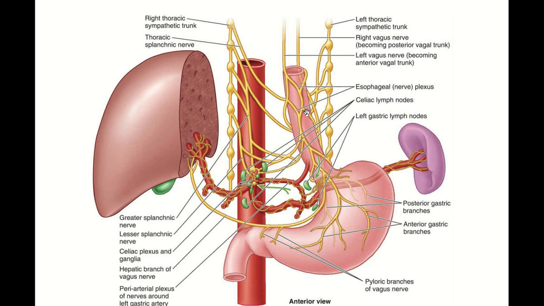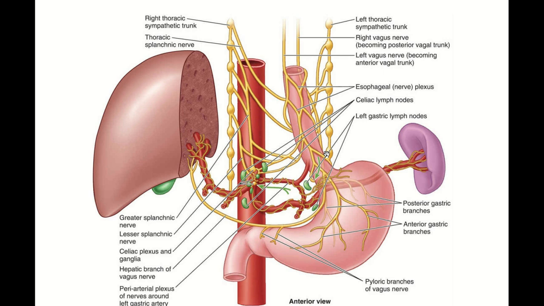And then you have a right vagus nerve, which will receive some branches from the left vagus nerve and form the posterior vagal trunk. And it is the posterior vagal trunk that has the main branches coming from the right vagus nerve. You understand now? Good. So that's the innervation of the abdominal esophagus.